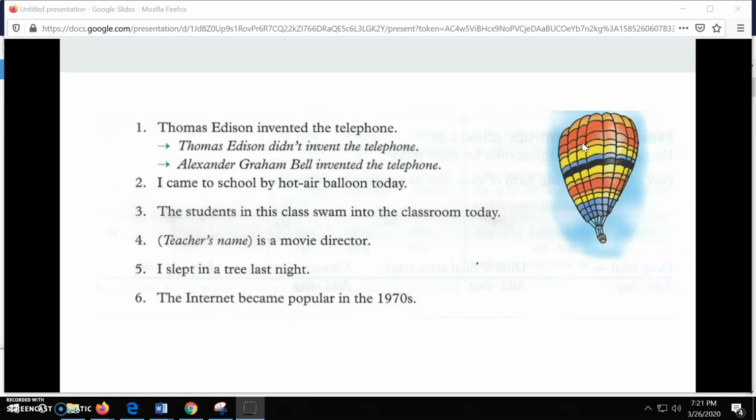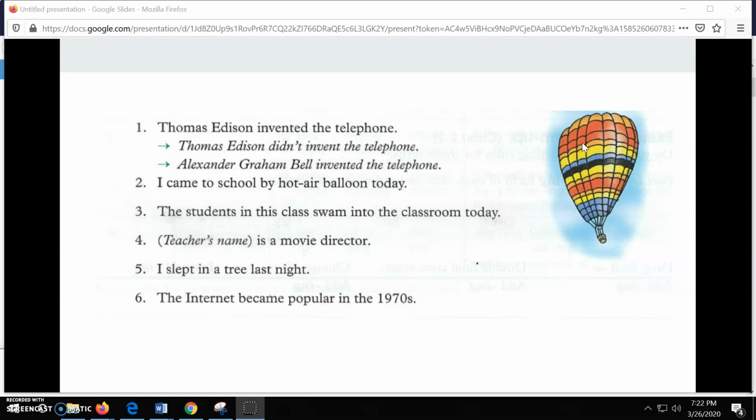So, for example, number one says, Thomas Edison invented the telephone. So this is not true. This is a sentence that contains inaccurate information. So the first statement you're going to say is this: Thomas Edison didn't invent the telephone.